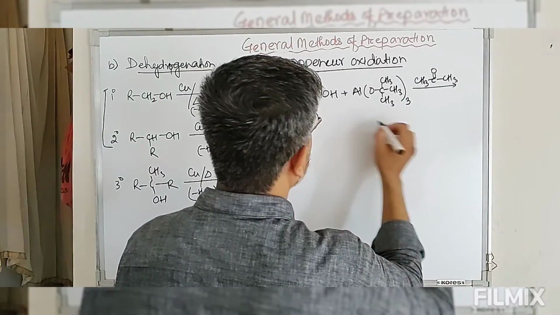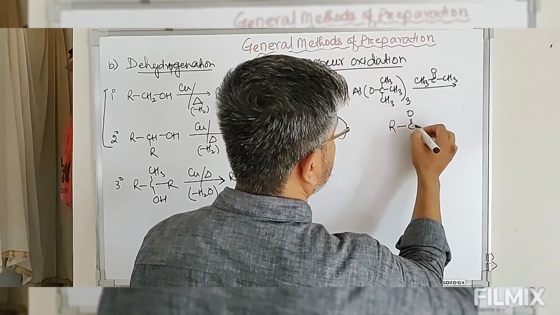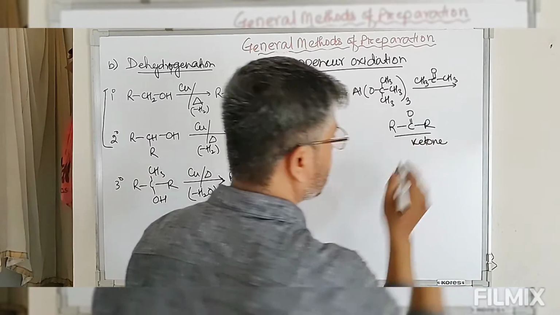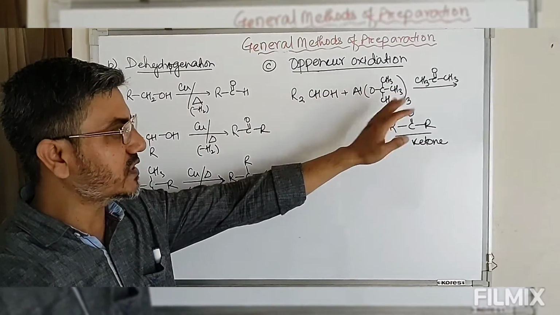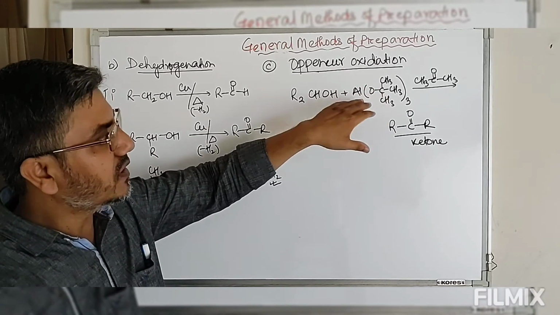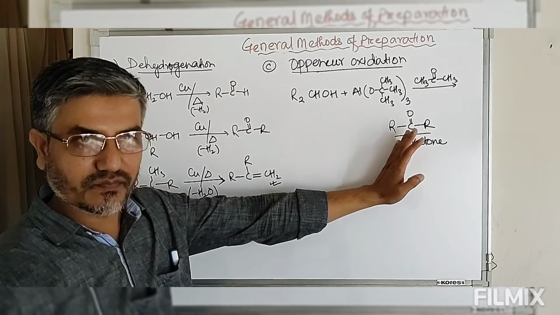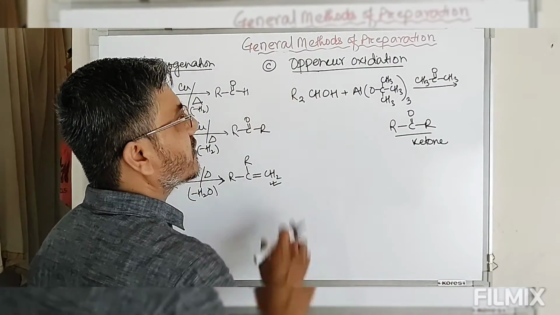This secondary alcohol is converted into ketone. So in this particular reaction, secondary alcohol on reaction with aluminum tertiary butoxide in presence of acetone gives you ketone. This is what we call Oppenauer oxidation.